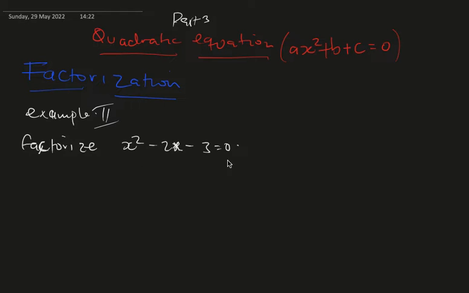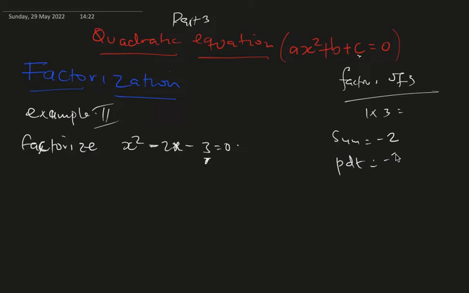Like we said in part 2, you have to look at the constant, the C, the number in the C position. Find out the factors of C, so factors of 3 in this case: 1 times 3. There are no other numbers you can multiply to get 3, so it is only 1 and 3. Now we know that the sum is negative 2, and we always take the number with its sign, and the product is negative 3.